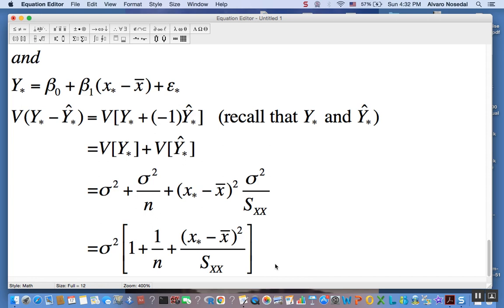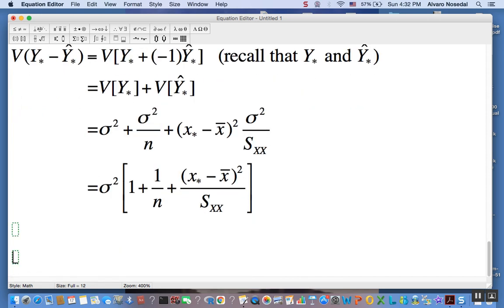So now something that will be important to derive that prediction interval that we wanted from the start is remembering the definition of the t-distribution. A t-distribution, we know, is a normal 0, 1 divided by the square root of a chi-square with, say, k degrees of freedom divided by its own k degrees of freedom.